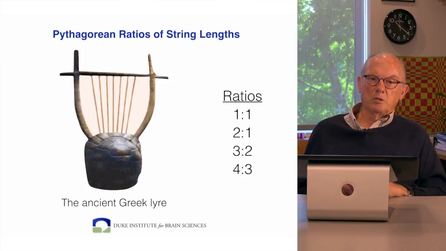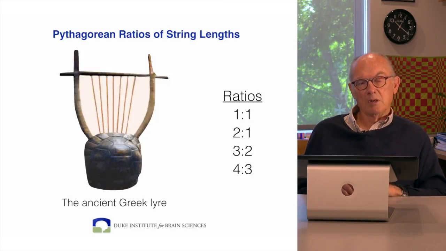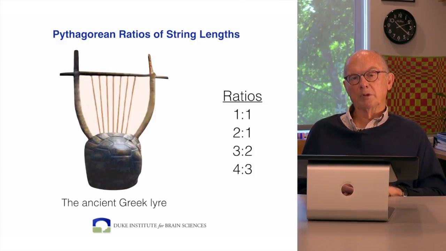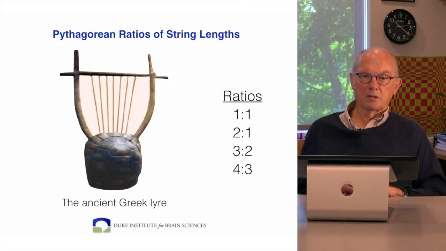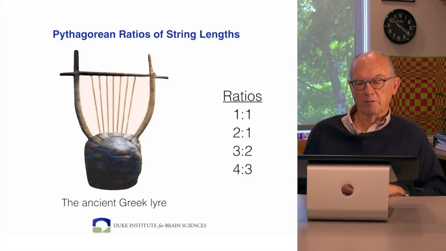This goes back to Pythagoras, and you remember that Pythagoras was the ancient Greek philosopher whose major contributions, I think people would say, were in mathematics and geometry, but he was very interested in music as well, as was his school of Pythagorean philosophy.